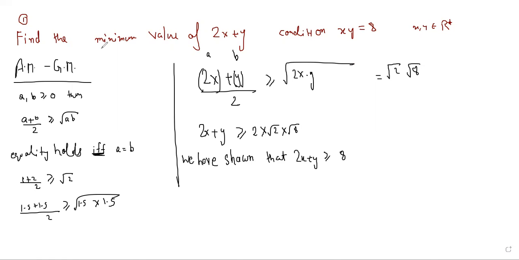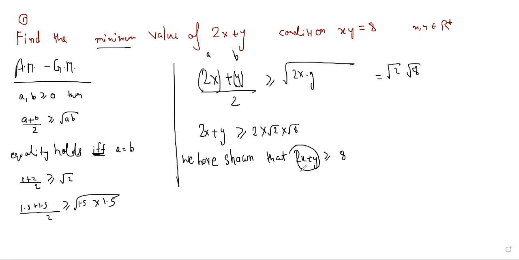But to find the minimum, what does minimum mean? Minimum means least. So you have to find the least value of this. Here is the quantity on the left hand side, 2x plus y. You know that this quantity is at least 8.